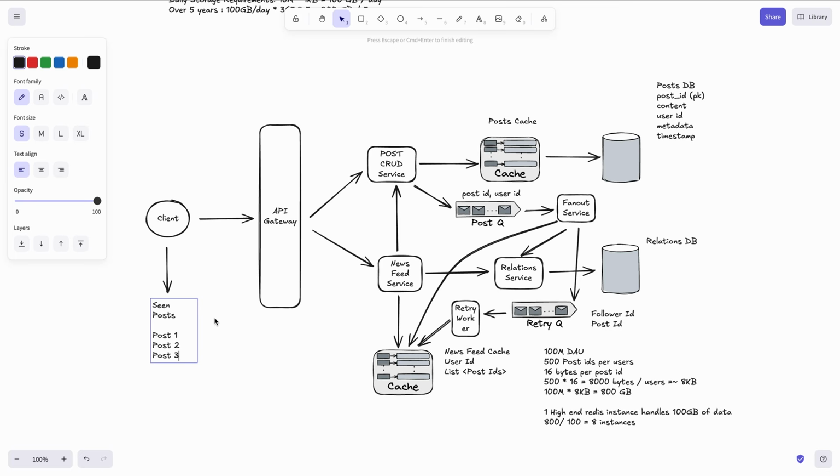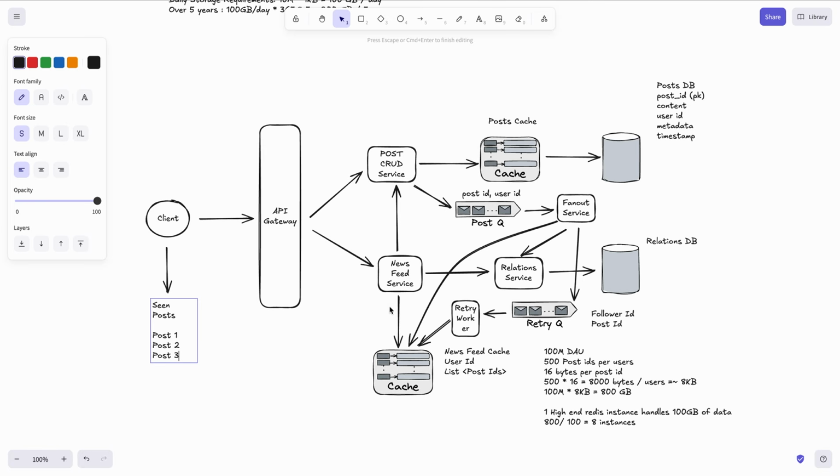So this list would be updated on the client when the user is scrolling. Each time a post is displayed in the user's viewport, that post ID would be added to this list. So the client application can track all the posts that have been displayed, and when a user pulls to refresh, the client would make a newsfeed request without a cursor or a page size.